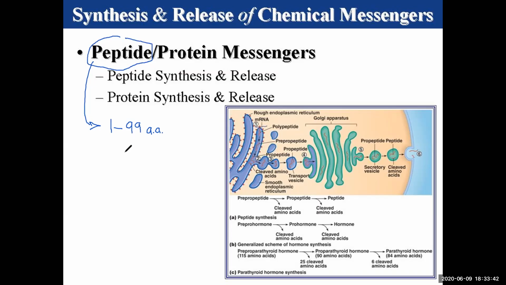If the sequence is 100 amino acids or more, you guessed it, it will be called a protein.